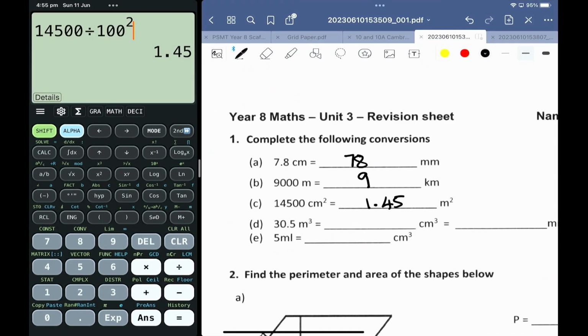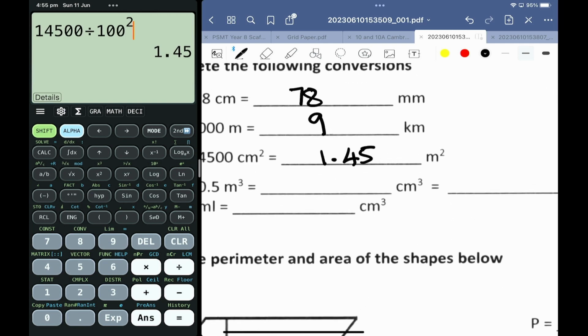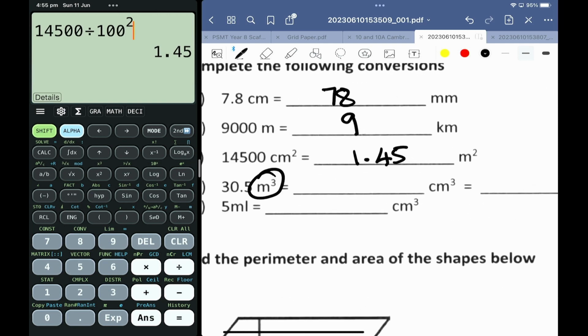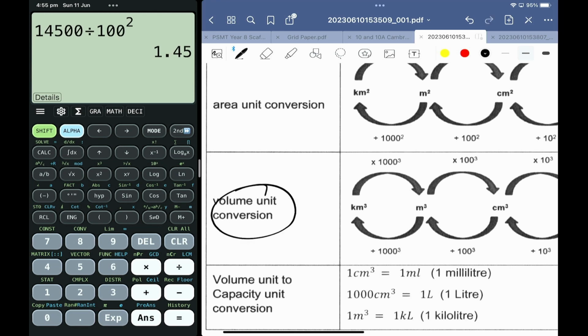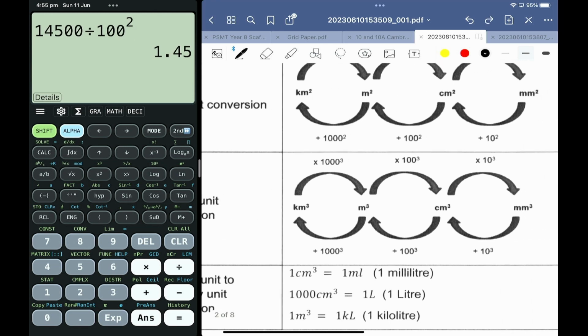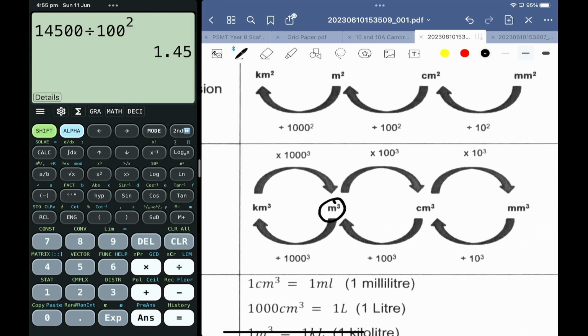Okay, the next one is a unit of volume, meters cubed into centimeters cubed. Okay, so let's have a look at that conversion chart. The volume one is here at the bottom, and we're going from meters cubed into centimeters cubed. And we can see in order to do that, we need to multiply by 100 cubed.